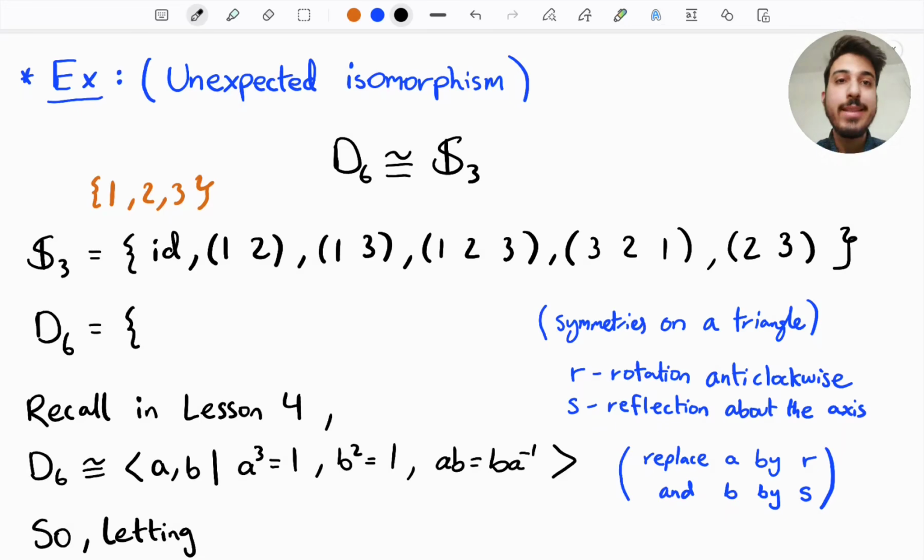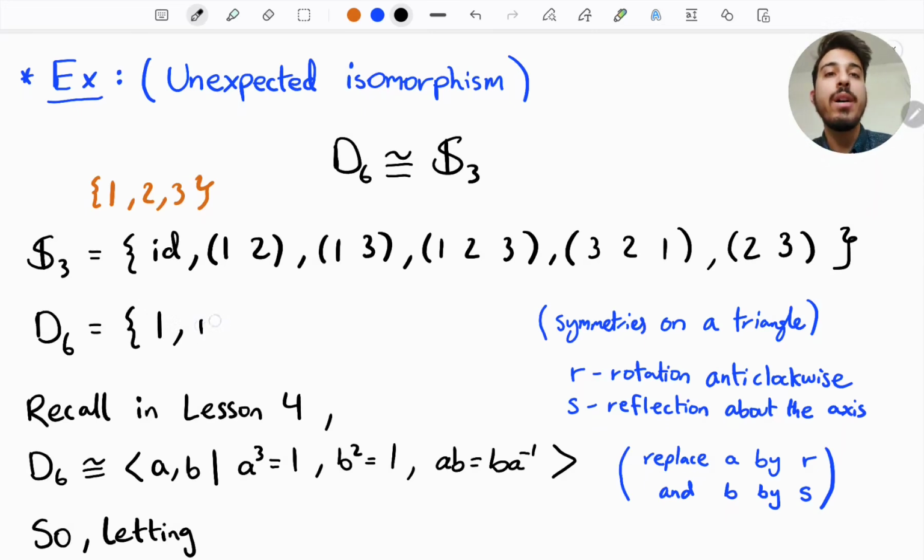Okay, so D6 has the elements 1, and all the other elements are generated in fact by R and S, and even 1 is generated by R, by having R to the 3 equal to 1 in this case.